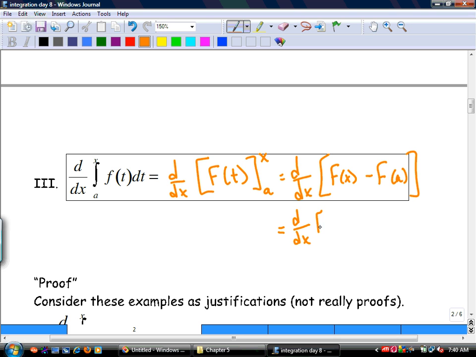The derivative of big F of x minus the derivative of big F of a. What's the derivative of big F of x? Little f of x. What's the derivative of big F of a? 0. It's a constant.